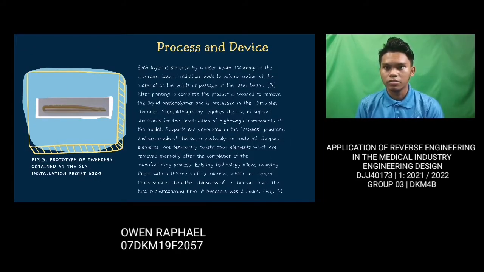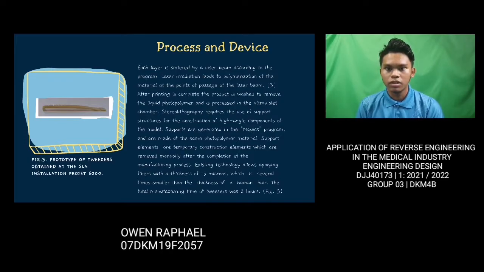Each layer is scanned by a laser beam according to the program. Laser interaction leads to polymerization of the material at the point of passage of the laser beam. After printing is complete, the product is washed to remove the liquid photopolymer and is processed in the ultraviolet chamber.